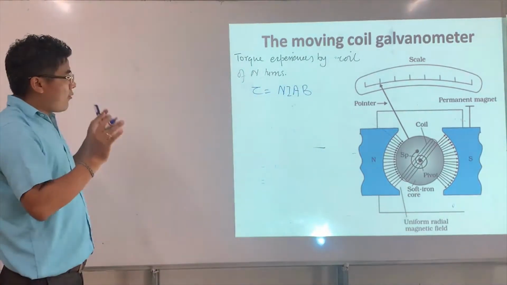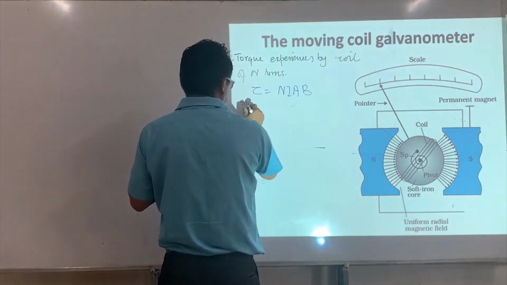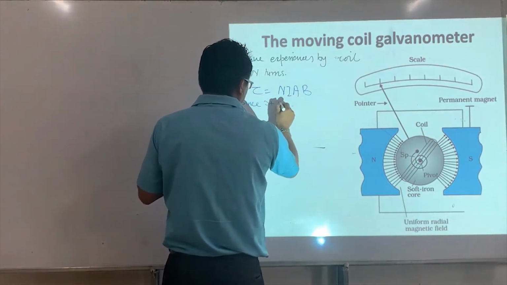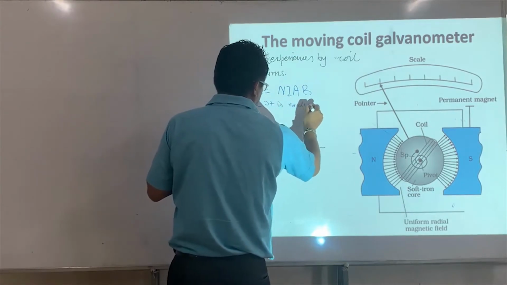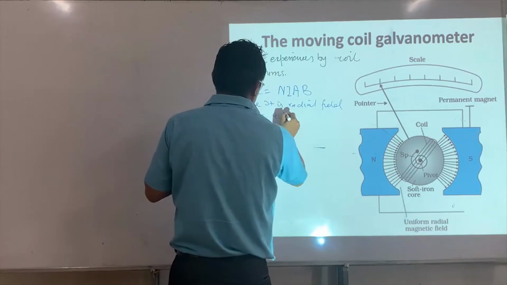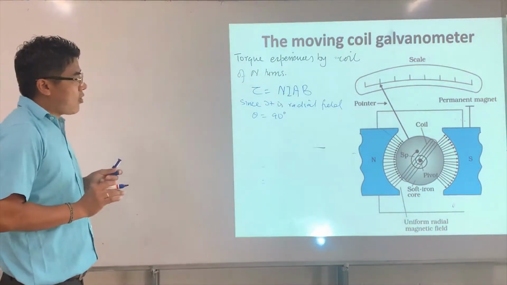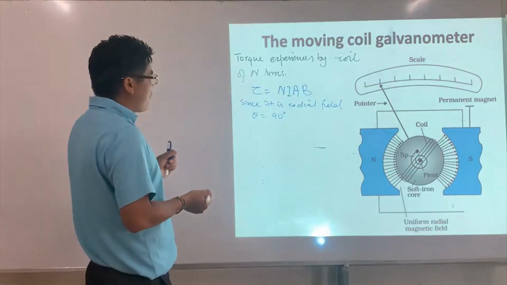This is the torque. Why? Since it is a radial field, theta is always 90 degrees, hence the torque is NIAB. This is the torque experienced.